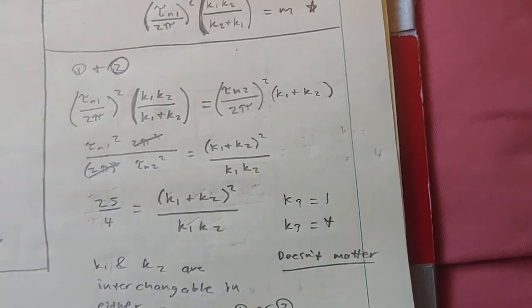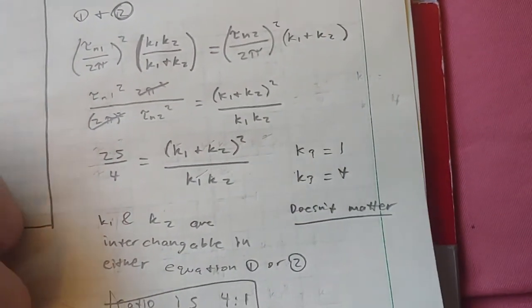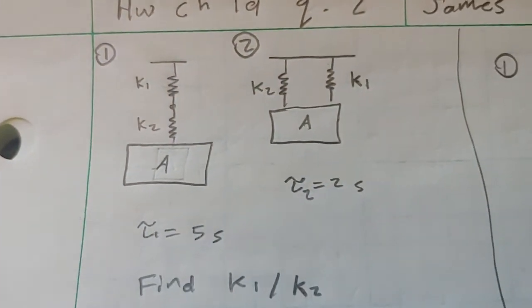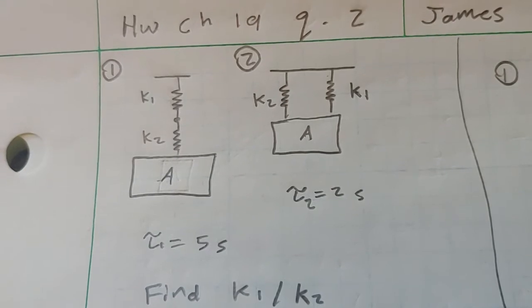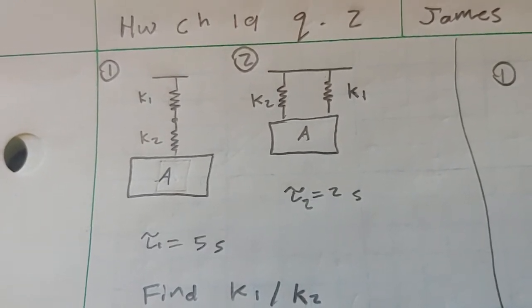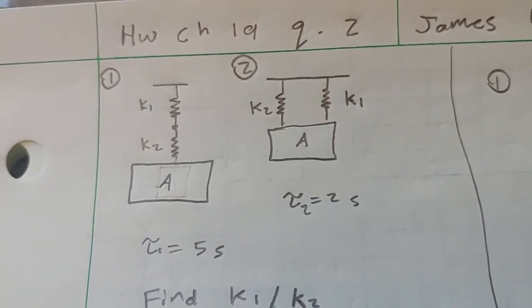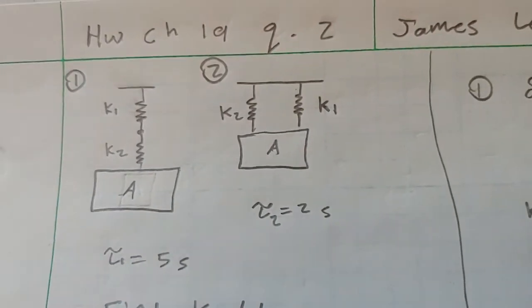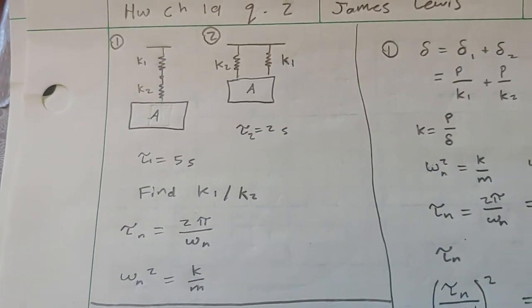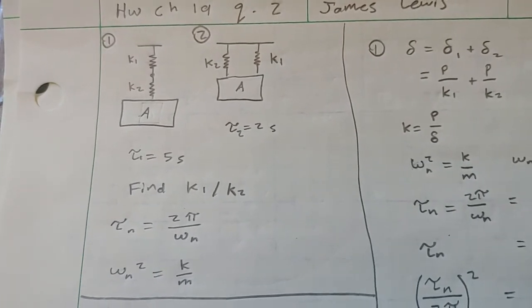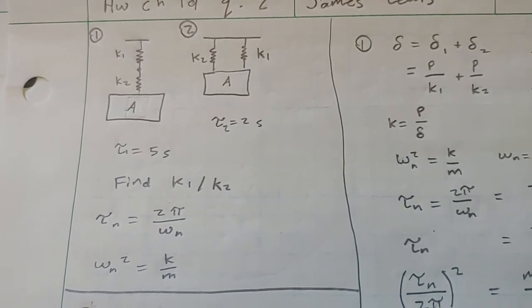But then I realized that it really doesn't matter which one's which, because whether we put K1 on top of K2 in position 1, or K2 on top of K1, or in position 2, if we put K1 on the right, or K1 on the left, or K2 on the left, or K2 on the right, the periods are going to be the same, the masses are going to be the same, the angular velocity, all of those things are going to be the same.